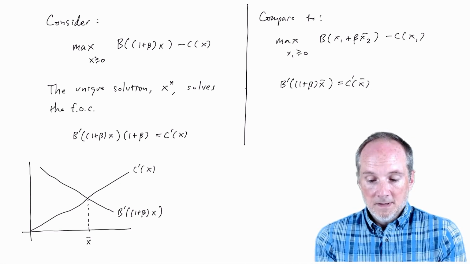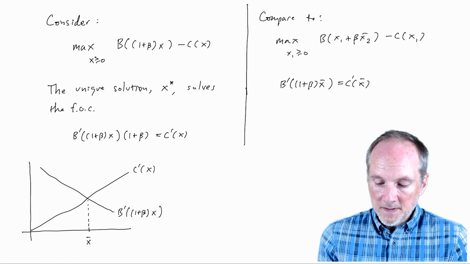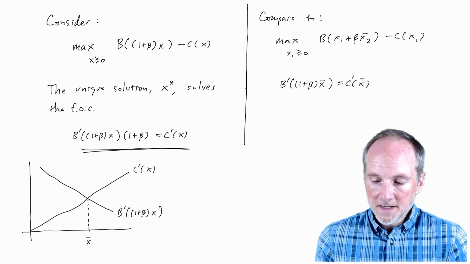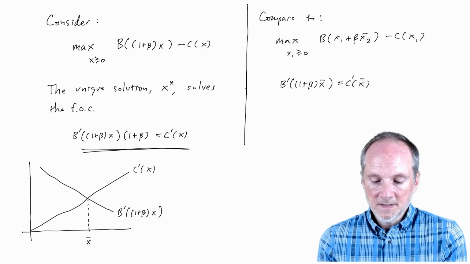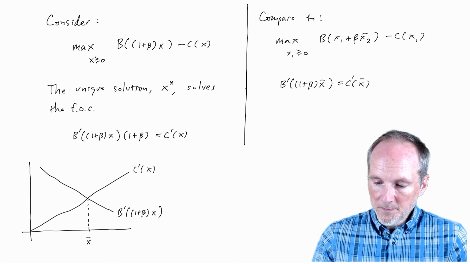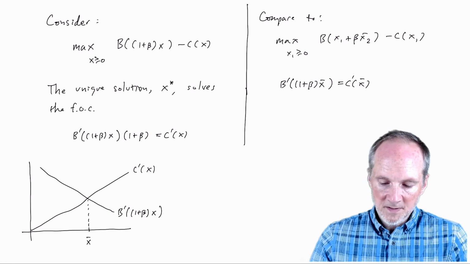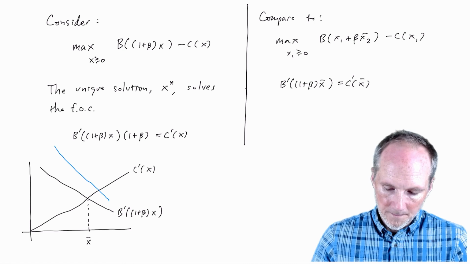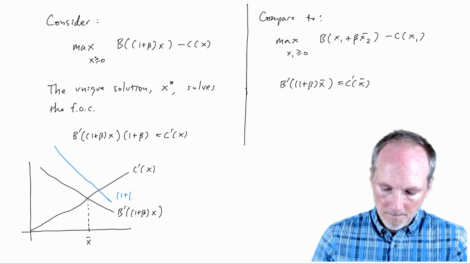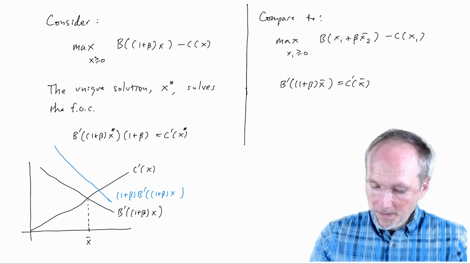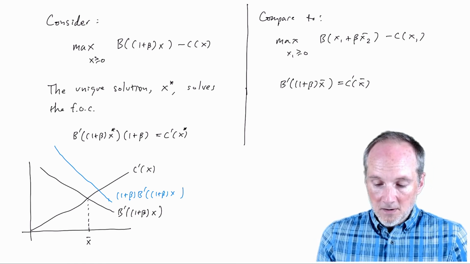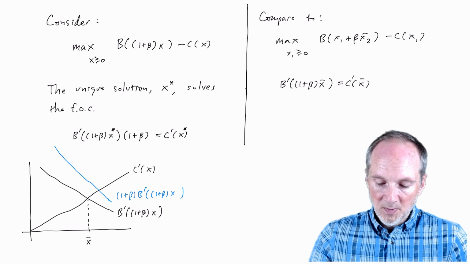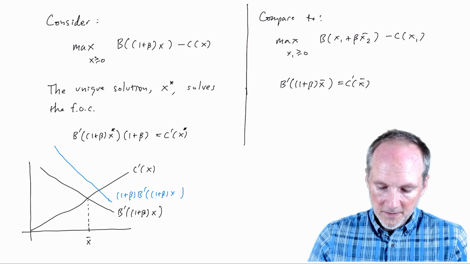But now I want to think about x star. So if we look at the equation for x star, the right-hand side is the same as before. It's the marginal cost. But the left-hand side is this marginal benefit function, but scaled up by 1 plus beta. So that x star is then where the blue graph and the marginal cost curve intersect.